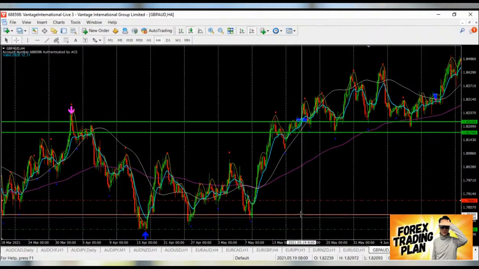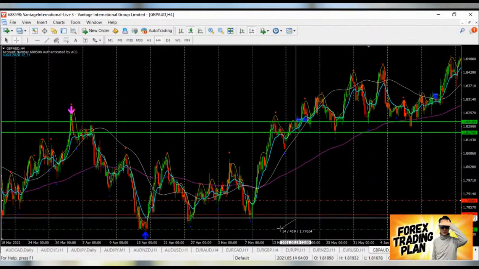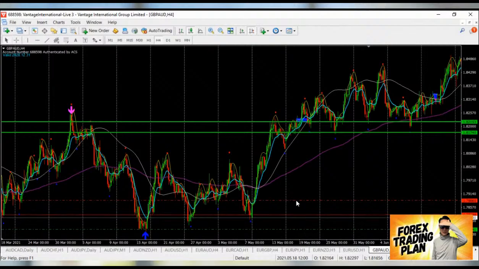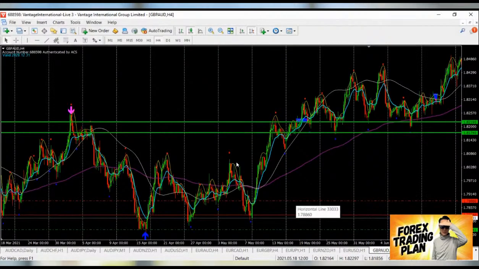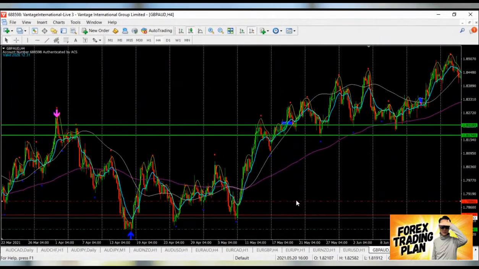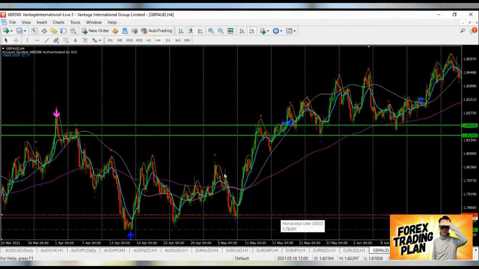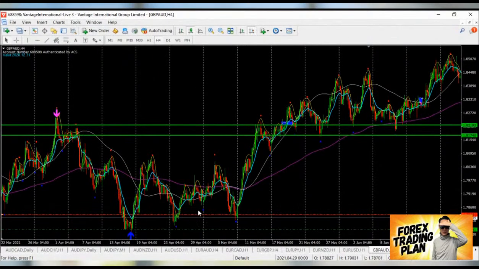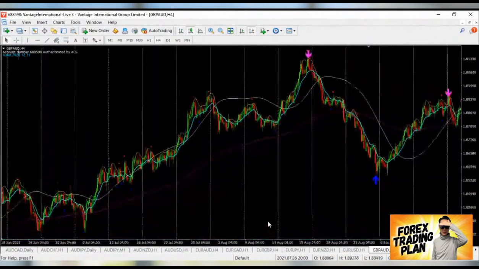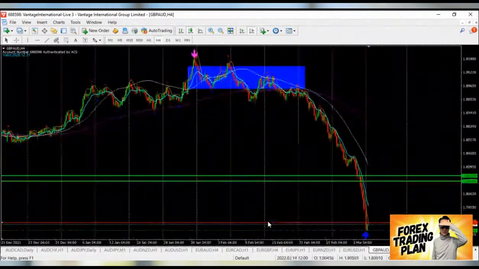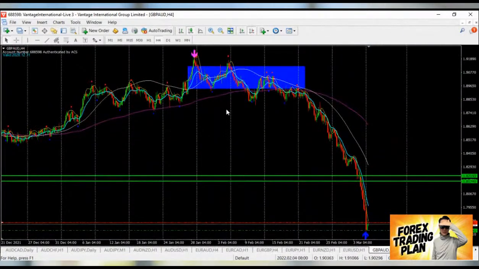Let's see. About 40 pips to go. Over here the support was created and tested. One touch here, two, three, and many touches when I look.